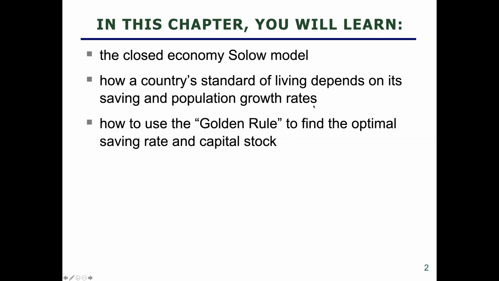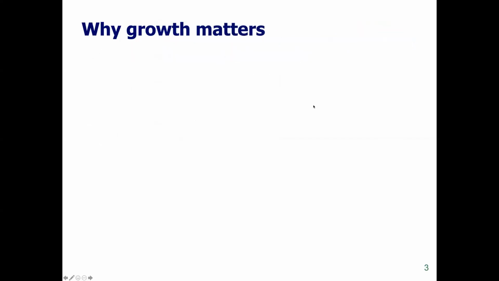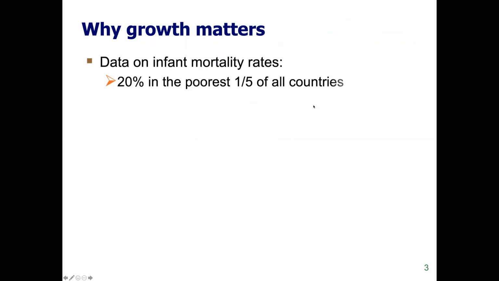make enough machines. But before we get into that, let's talk a little bit about why growth matters. It isn't just about GDP narrowly. Infant mortality is about 20%. That is, about 20% of babies die in the first year in the poorest fifth of all countries.